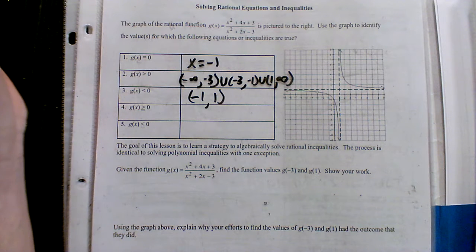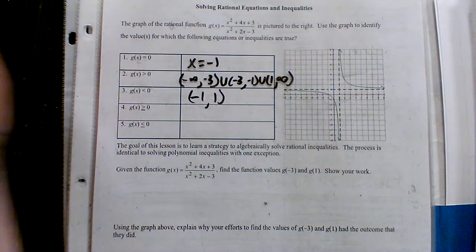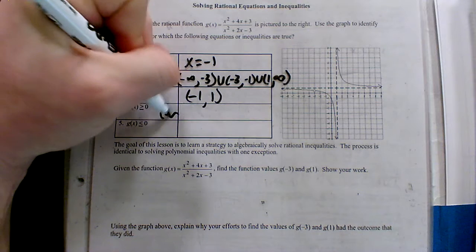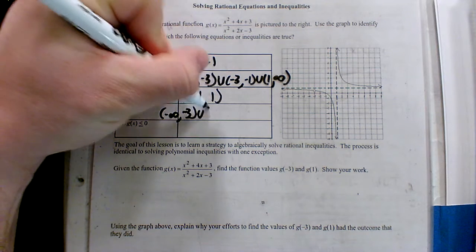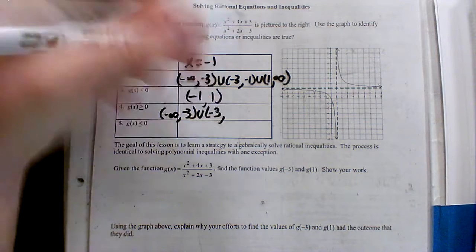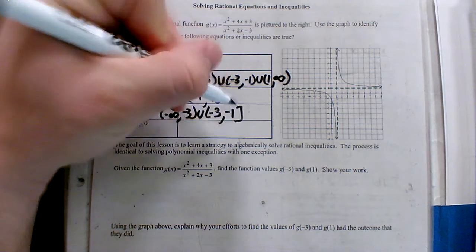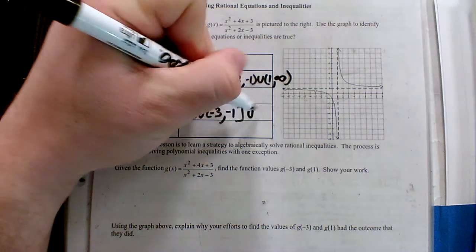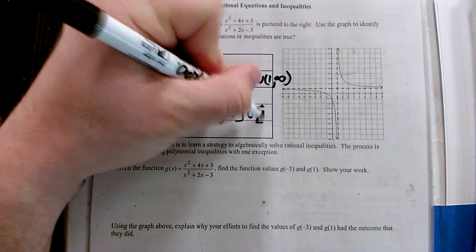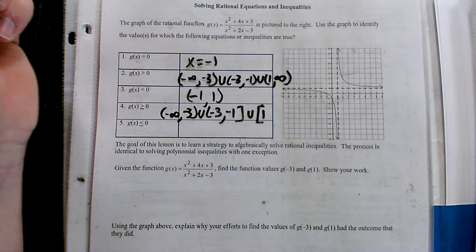Very similar. -3. Yeah, sorry. It's okay. And then -3 to -1 is the graph. And then we do 1 to infinity. And be careful, we have to include the 1 in a bracket also.